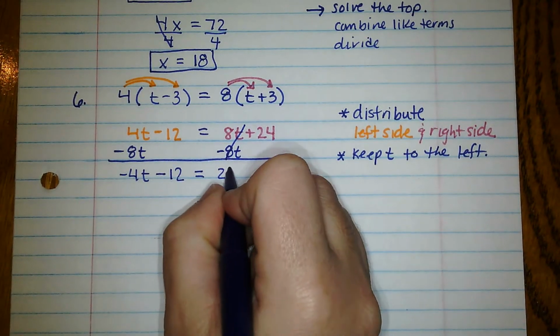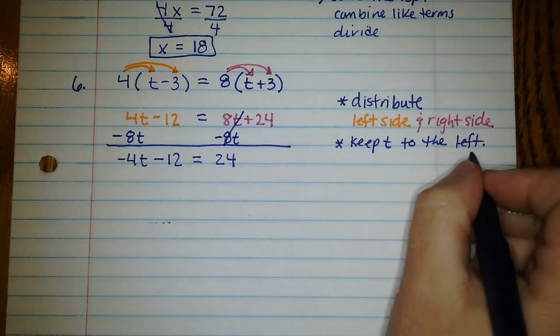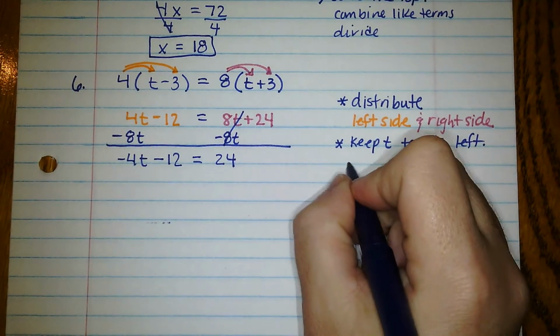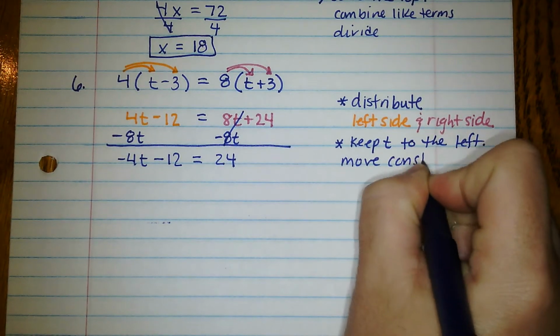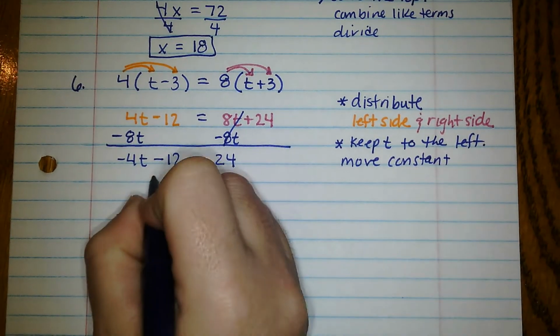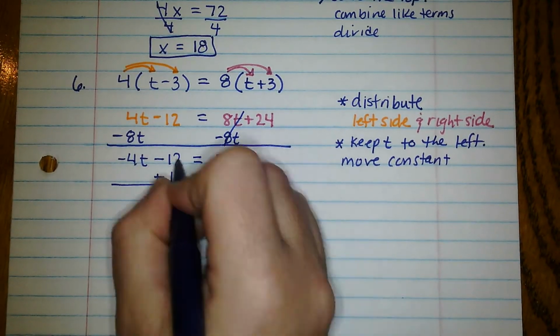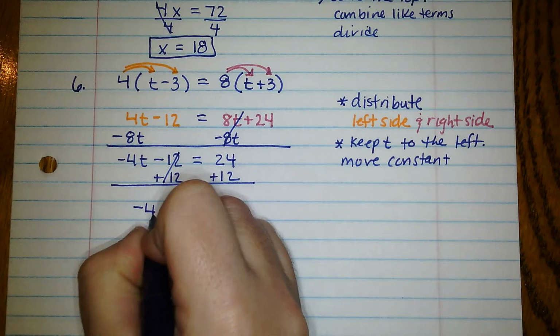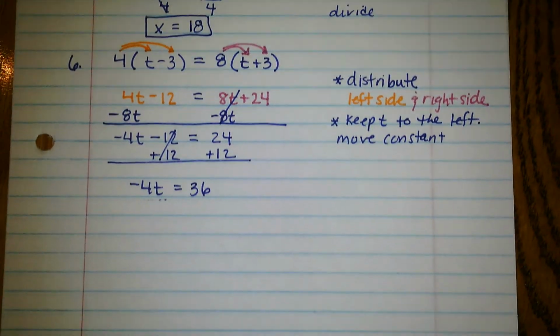So 24. At this point, after you move your t to the left, you're going to move your constant. So you're going to add 12 to both sides. 24 plus 12 is 36.